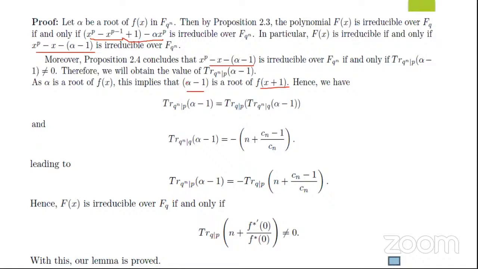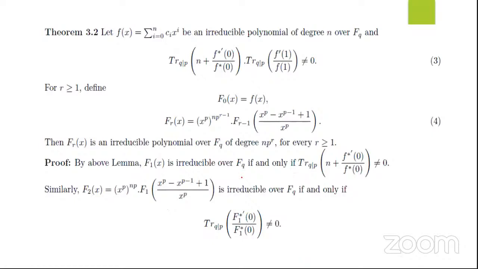And using these two equations, we have trace of q n by p of alpha minus 1 is equal to trace of n plus c n minus 1 upon c n. Therefore, the polynomial f of x is irreducible if we have this condition, trace of n plus f star dash 0 upon f star 0 is non-zero. This proves the lemma.